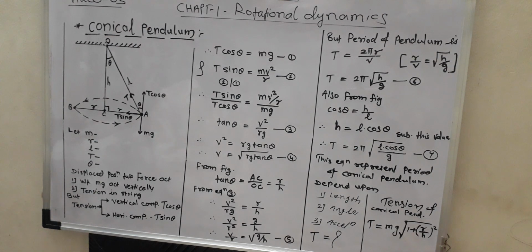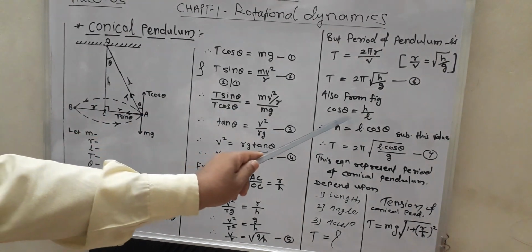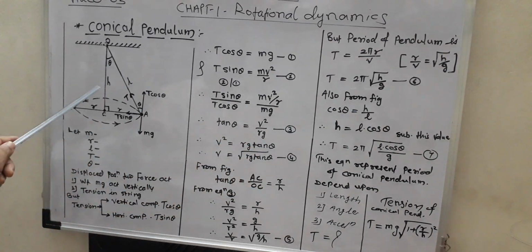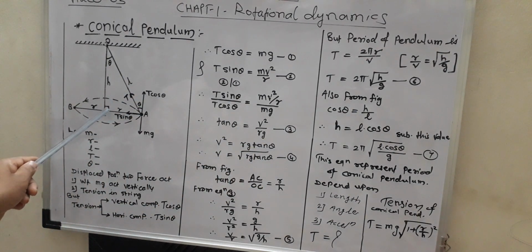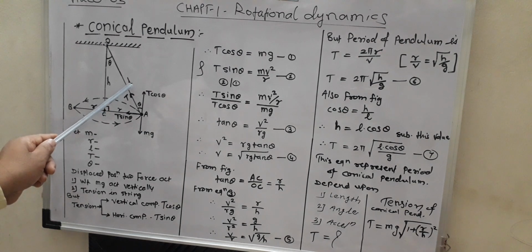Then also from the figure we can write the trigonometric relation for cos theta. Cos theta is nothing but adjacent upon hypotenuse. The hypotenuse is L and the adjacent side is H, the side opposite the 90 degrees being the hypotenuse.